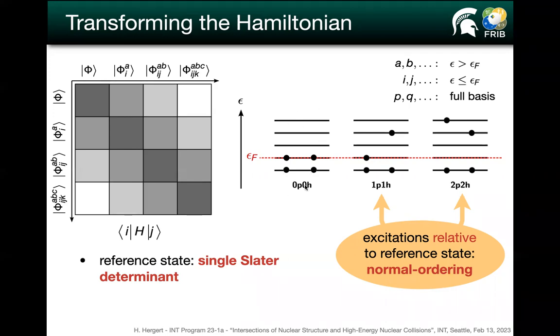And if you optimize it, for instance, variationally with the Hartree-Fock method, you have at least a reasonable guess, perhaps, of what the ground state of that nucleus could be. And then in some sense, by building excitations on top of that ground state, you're folding in information about the characteristic energy scales of the nucleus into your basis, and you organize it in a particular way. That basis, of course, is still going to be complete. If you go to A-particle, A-hole excitations, you're not truncating your Hilbert space in any way.